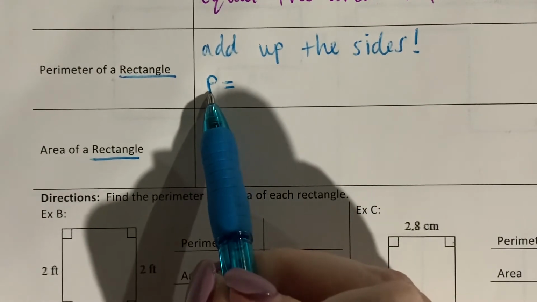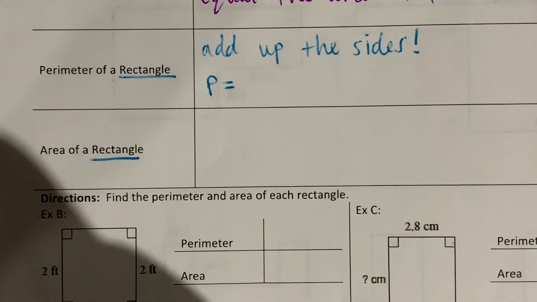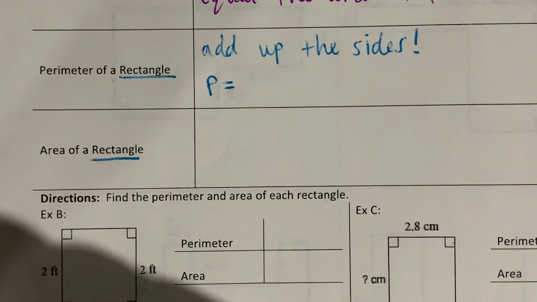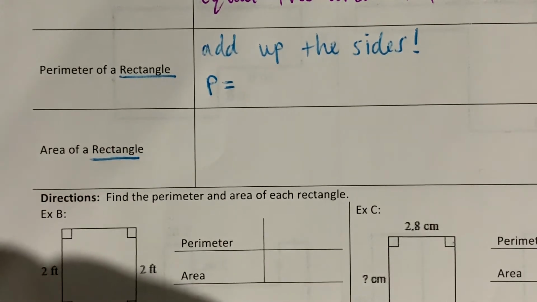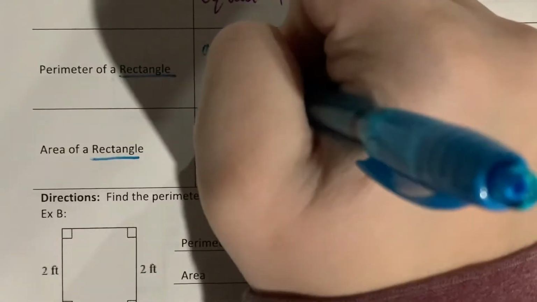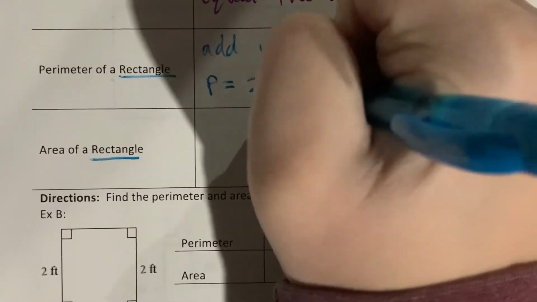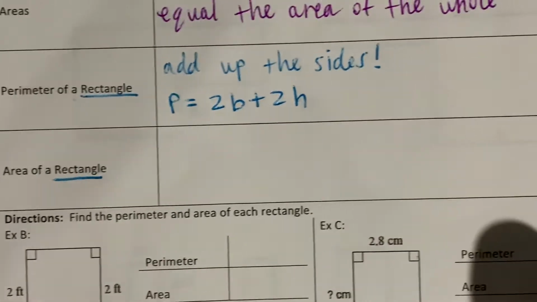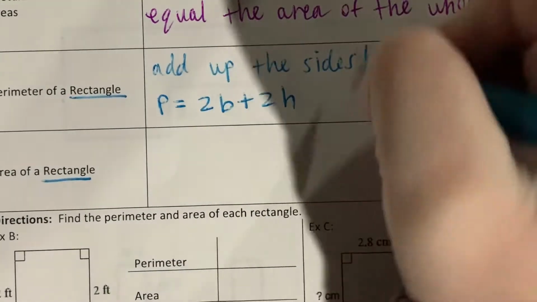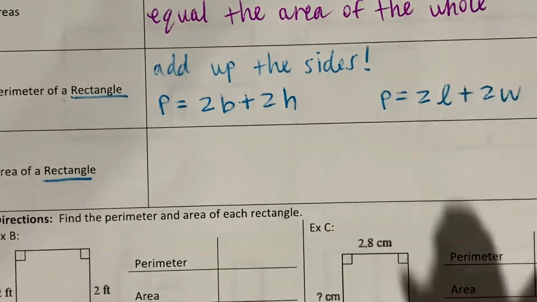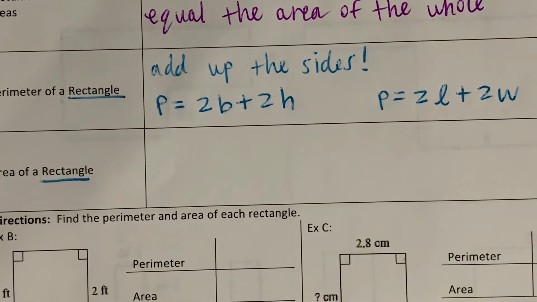So again, capital P for perimeter equals, and there's a top and a bottom that are going to have the same dimension in a rectangle. And then there's a left and a right side of the rectangle that are going to have the same dimension. So you could say that that's doing 2 times your base plus 2 times your height. Or another way you could write that is, instead of calling it base and height, you could say your perimeter is 2 times the length plus 2 times the width. Either of these would be fine.